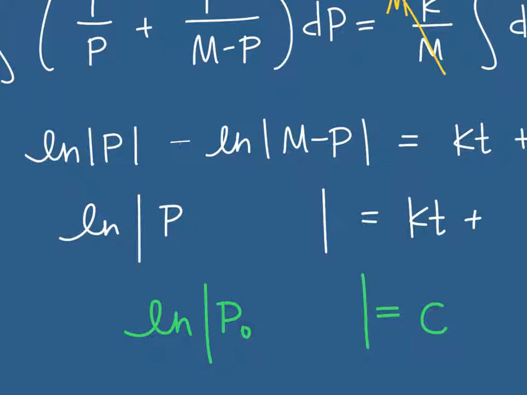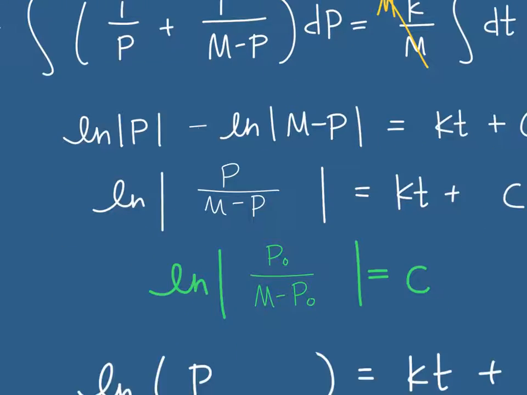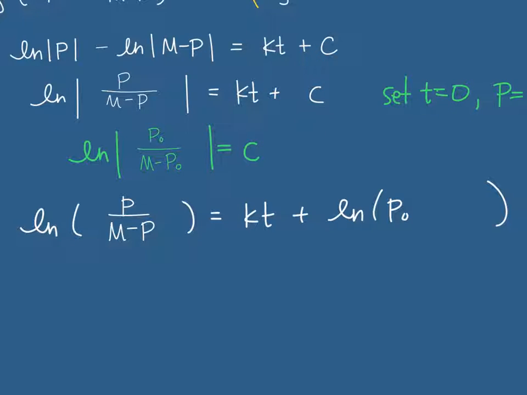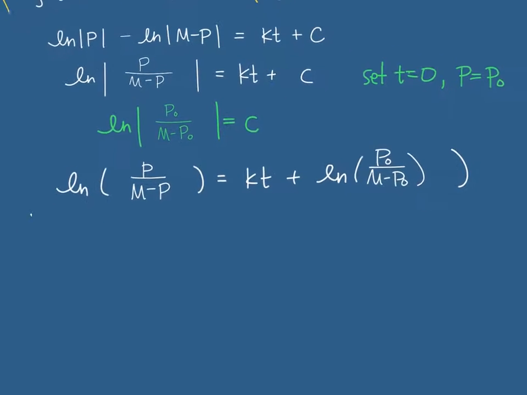So this would be p over m minus p, this would be p sub 0 over m minus p sub 0, and that will be p over m minus p. Okay, now we can e both sides.